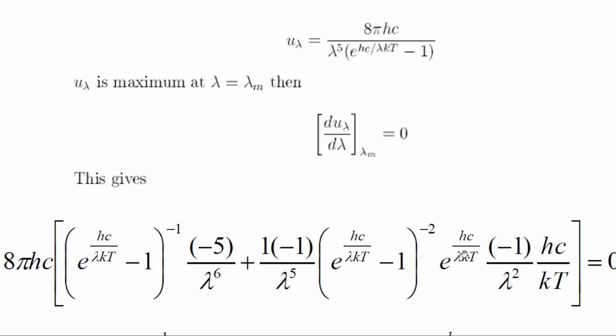I will differentiate 1 by lambda, which gives us minus 1 by lambda square. Close the bracket, equate it to 0. This is the complete differentiation of u_lambda with respect to lambda.